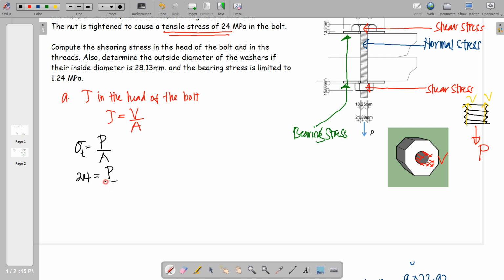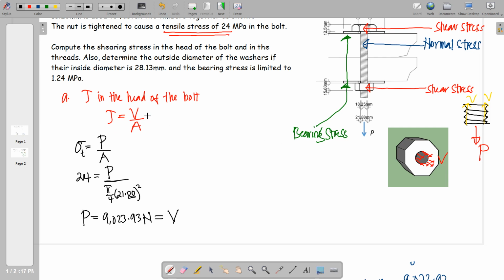So we'll just write the area, that is pi over 4 times 21.88 squared. So by that, we can say that P is equal to 9023.93 Newton. Thus, this is also equal to the shear force within the perimeter of the head of the bolt.